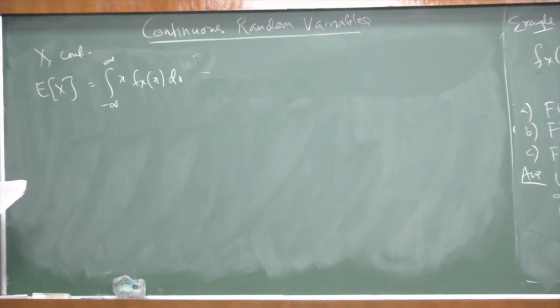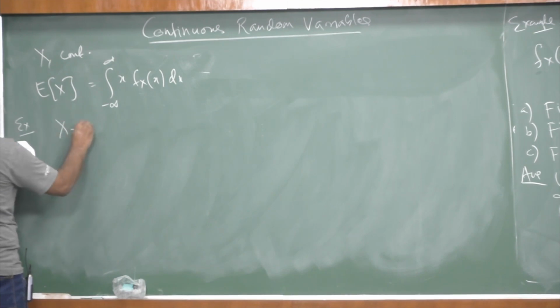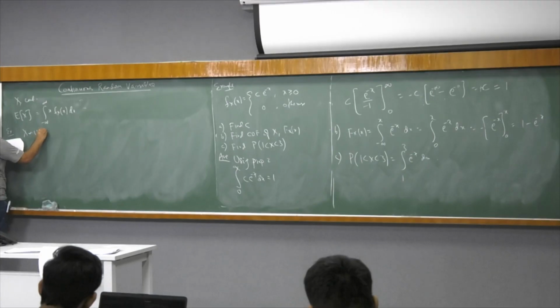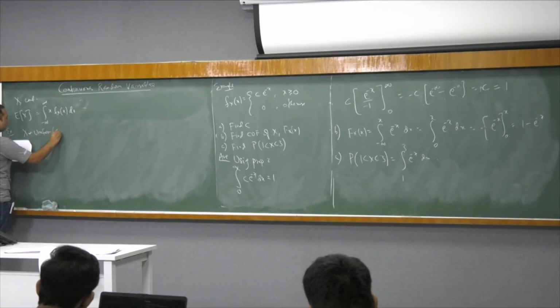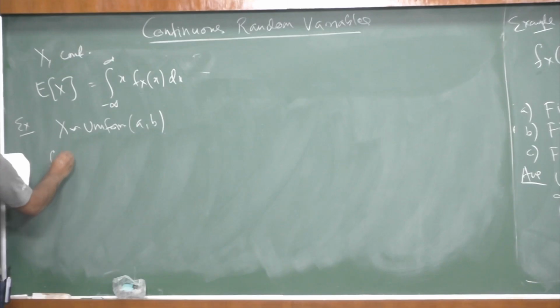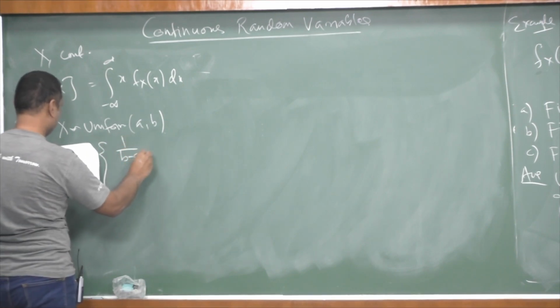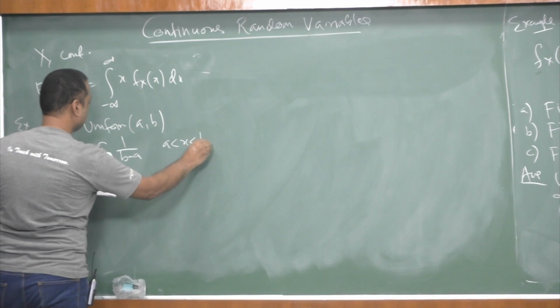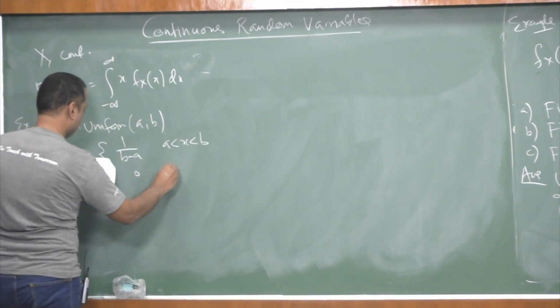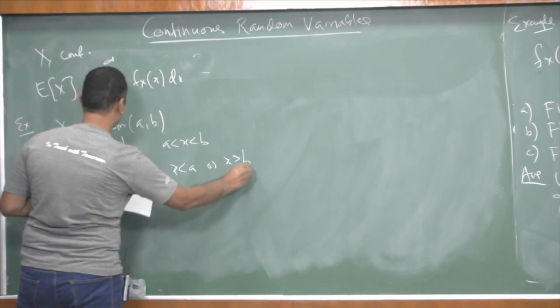So as an exercise, you can try that let us say x follows uniform, and I will define uniform right now. So uniform distribution is given by f_X(x) is 1 by b minus a for a less than x less than b, and 0 for x less than a or x greater than b.